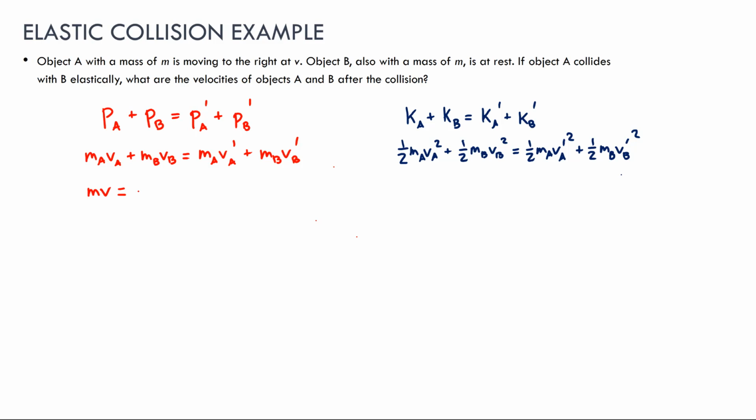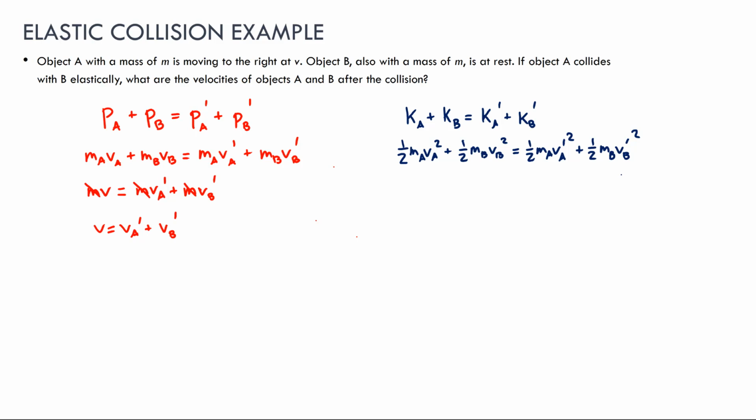After the collision, I'm going to say that the momentum of A is just m times VA prime, plus we know the mass of B is still m, times VB prime, which means basically I can cancel out an m. So I'm left with V equals the velocity of A prime plus the velocity of B prime.